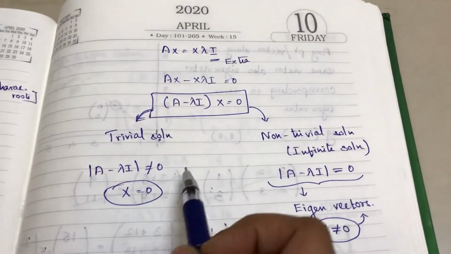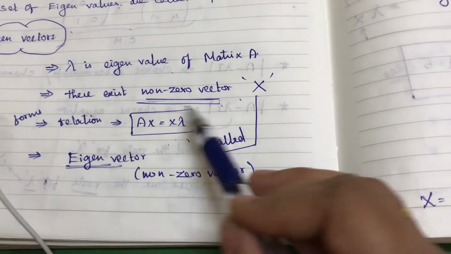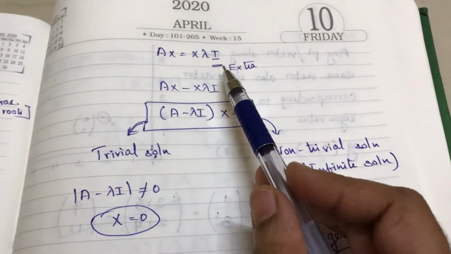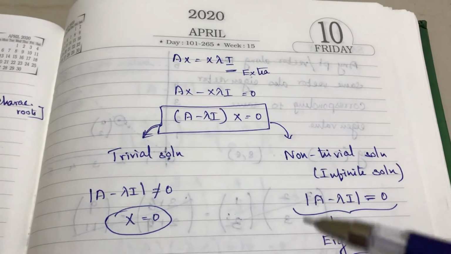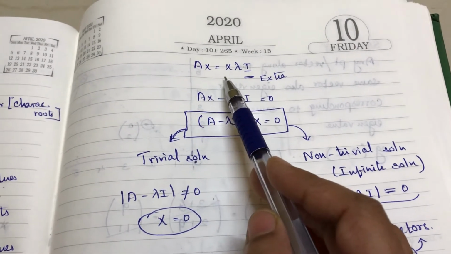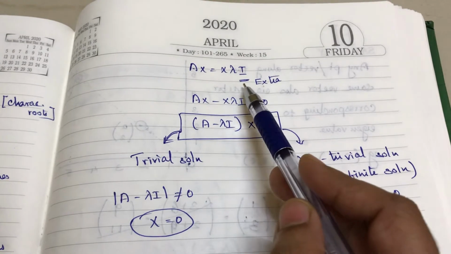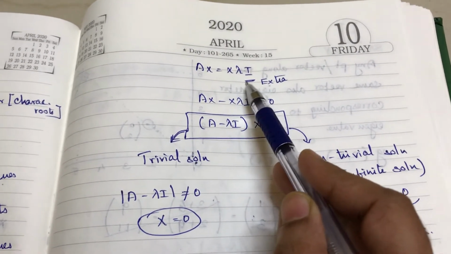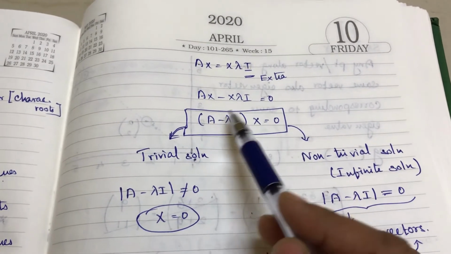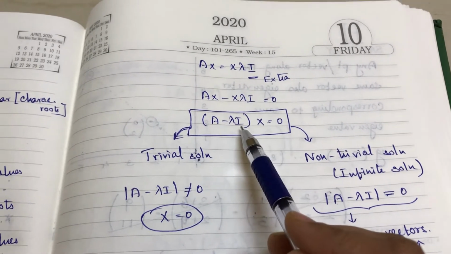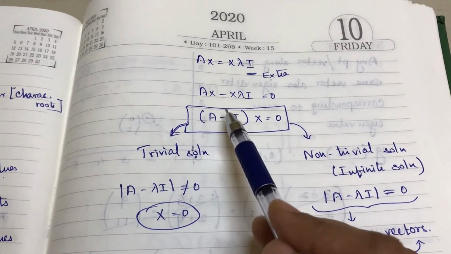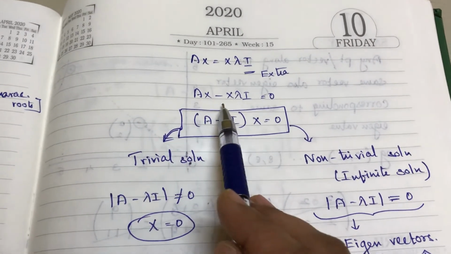Let's move on to the next one. Using the relation Ax equals x into lambda, we form another relation. We multiply by I here, and then we can form A minus lambda I. I is the identity matrix, A is a normal real matrix and lambda is the eigenvalue.